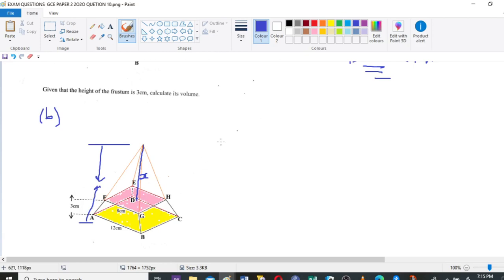We can use ratios by referring to the height of the larger pyramid as x plus 3. Why are we saying plus 3? Because the height for the whole thing has 3 here, starting from here up to there, plus x, which is the top part coming from this side.